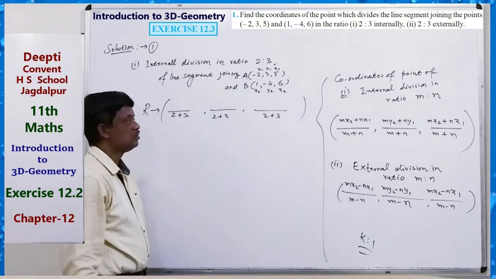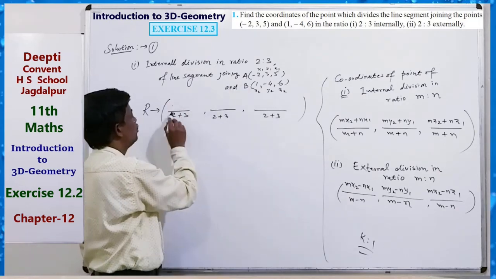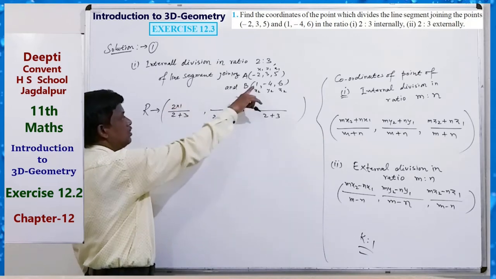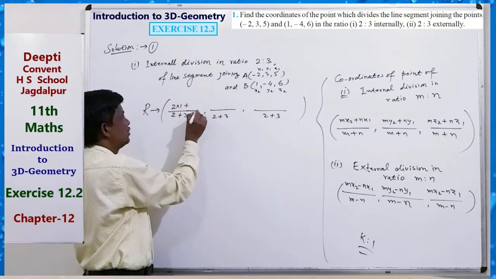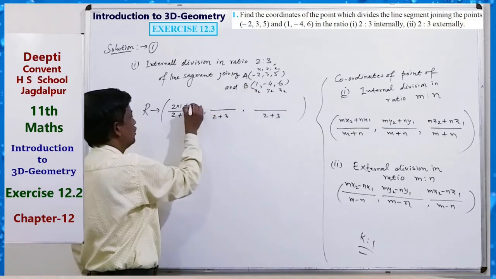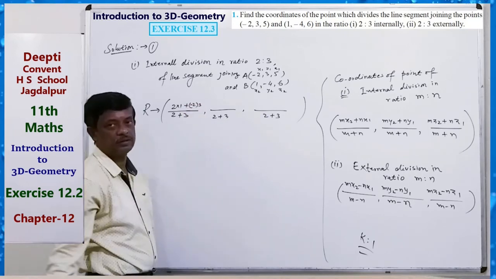So 2 into x2, that is 2 into 1, plus 3 into x1, that is minus 2 into 3.